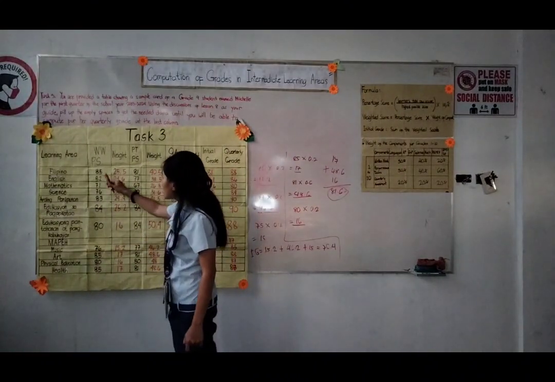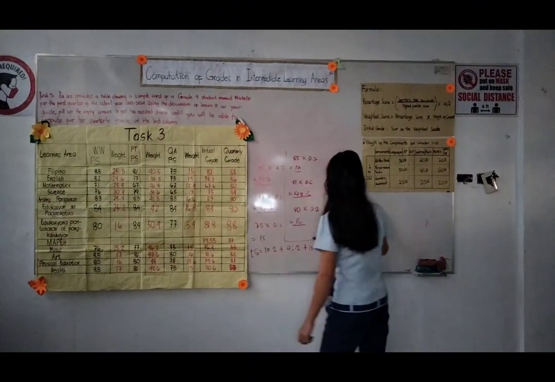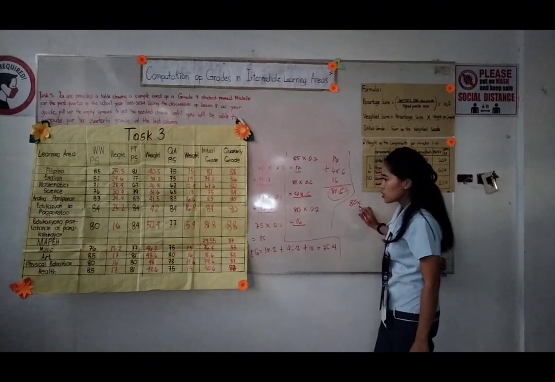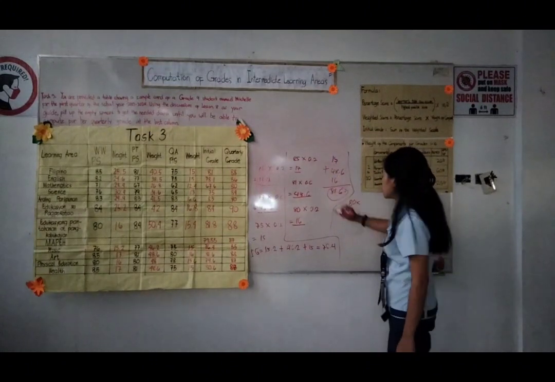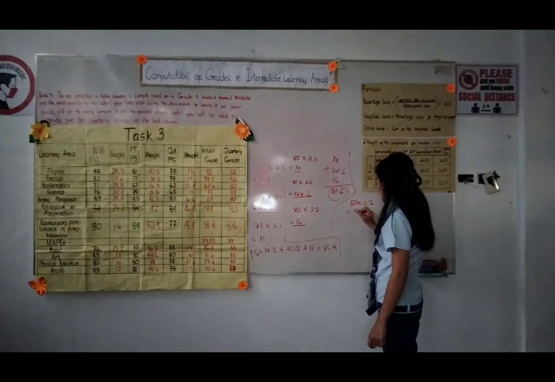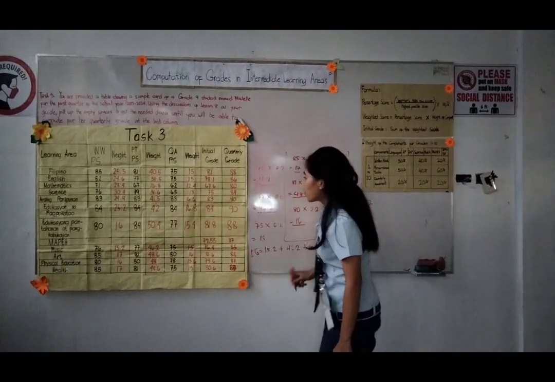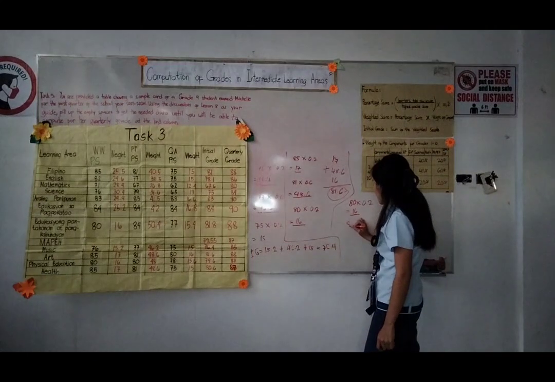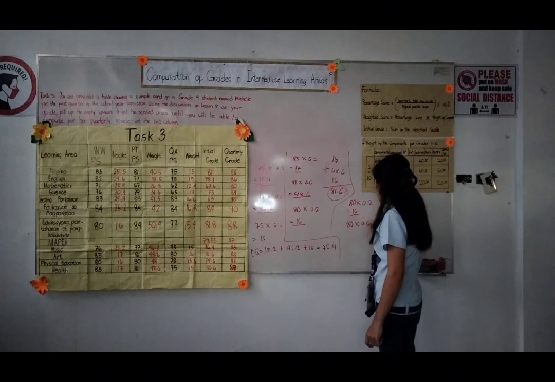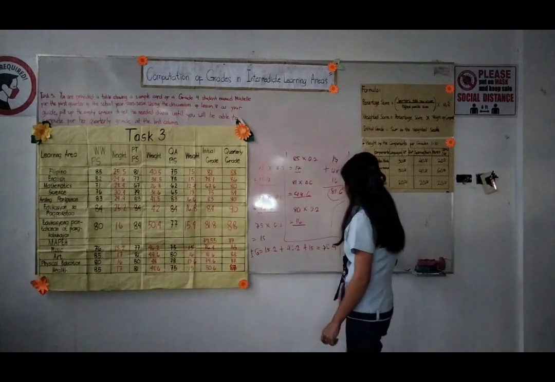We have, in written works, the percentage score is 80. Proceed to the performance task. We have 80. So 80 times 0.6 is equal to 48.